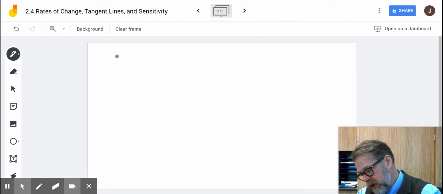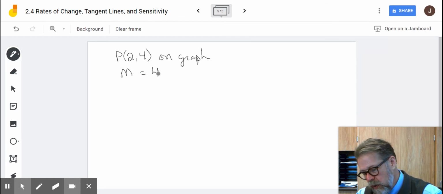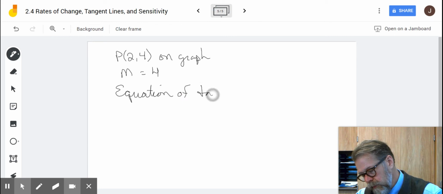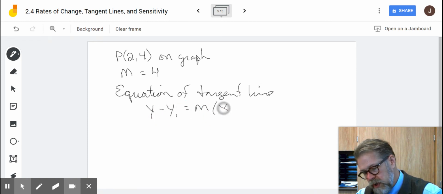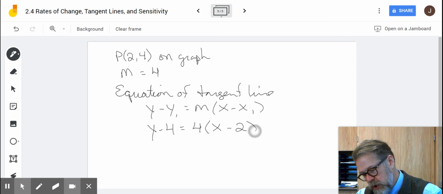So I had a point, 2 comma 4 on the graph. I have a slope at that point of 4, which means that I can write the equation of the tangent line using, remember our point slope form of the equation of a line, y minus 4 is equal to 4 times x minus 2.